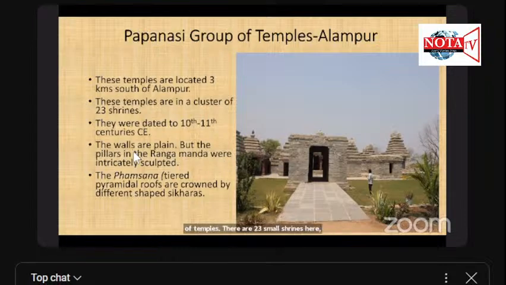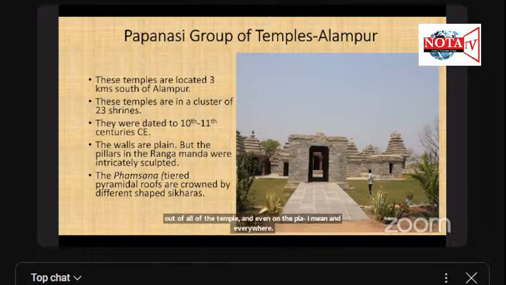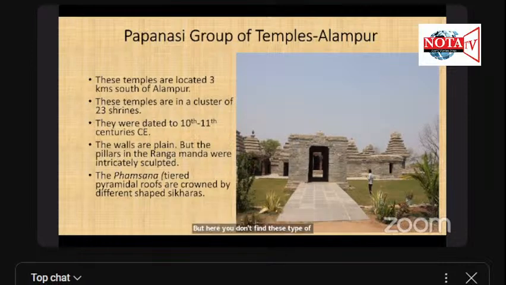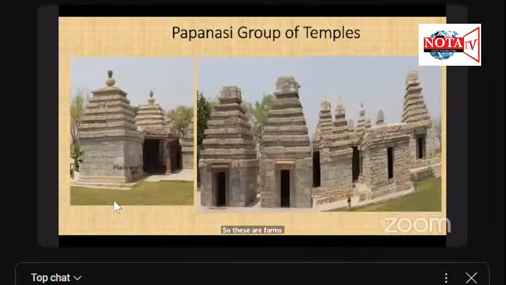Unlike the earlier temples which I've showed, where you have the sculptures around the outer wall of the temple, and even on the Adhisthana and everywhere, here you don't find this type of sculptures. These are plain temples. But in the Rangamandapa and all, you have pillars which are very beautifully excavated. These are Phamsana temples, they say. So these are the group of temples.